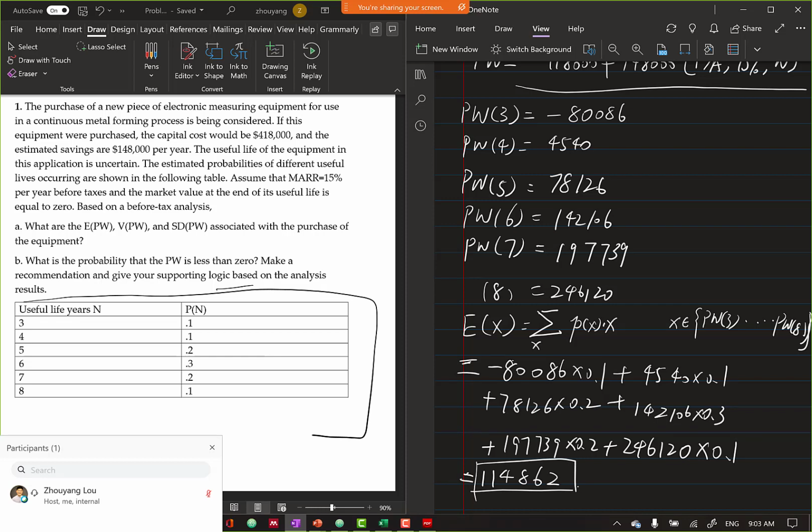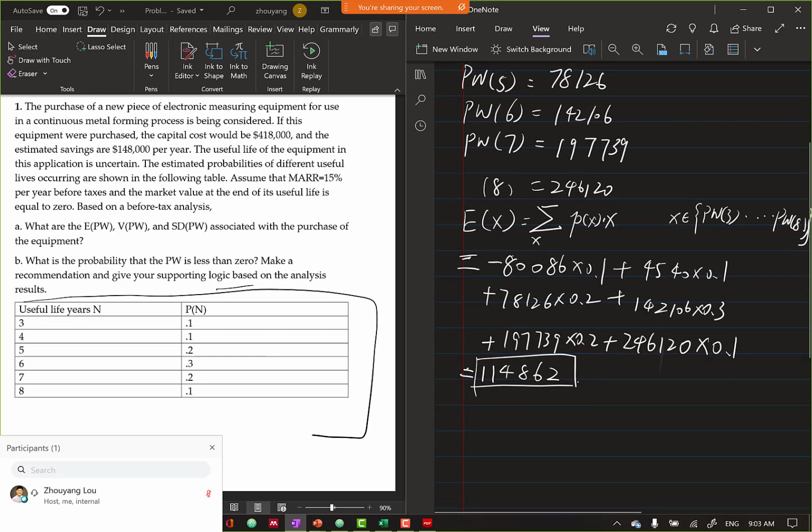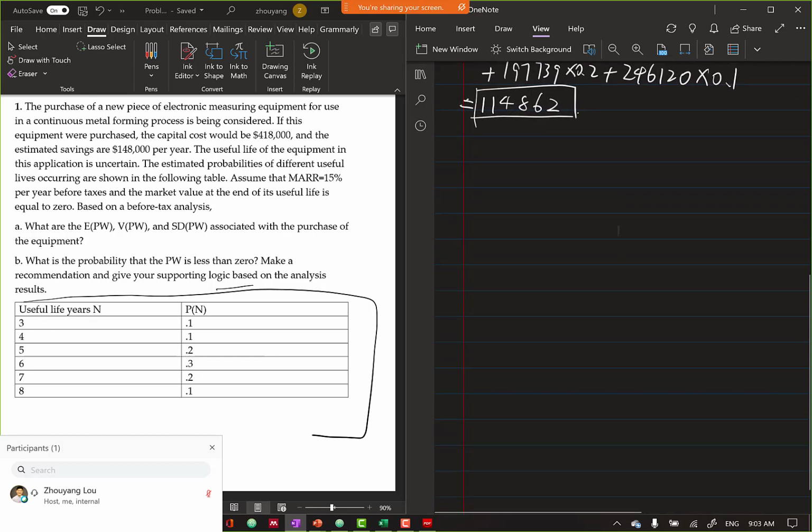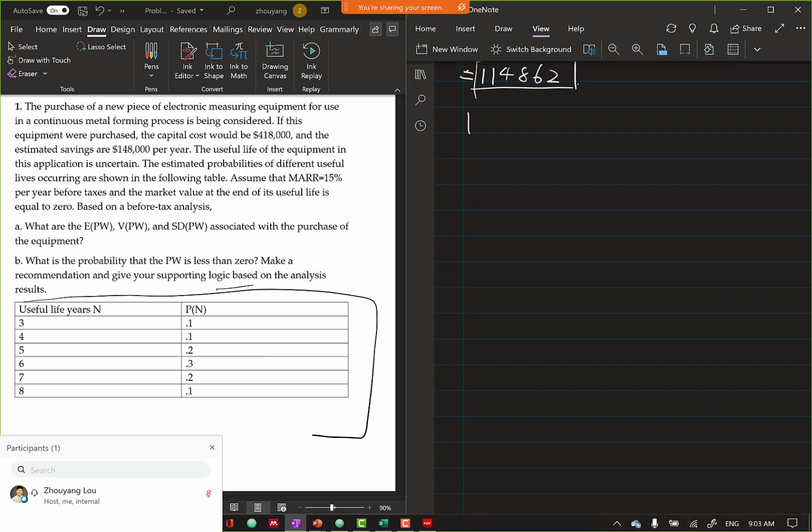So given the expected value calculated, that's easier to calculate the variance. So now let's calculate the variance of the present worth.